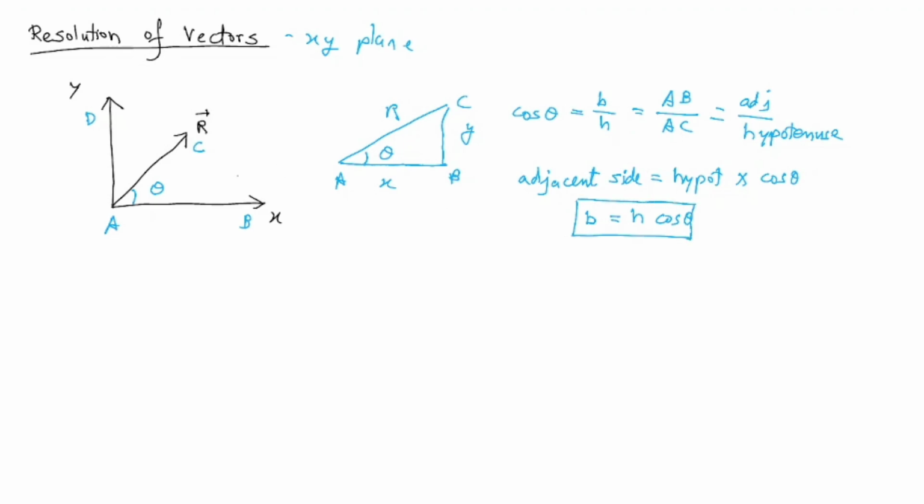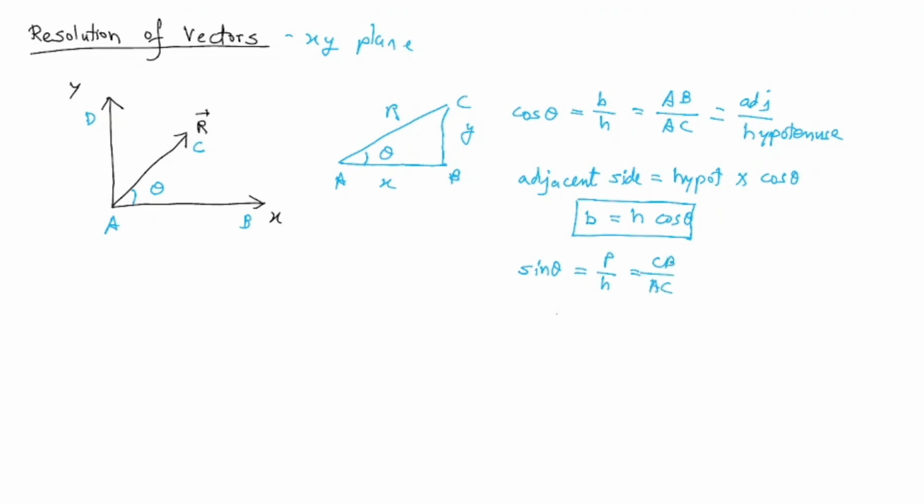Similarly, if we have sin theta equals p by h, that means CB by AC.